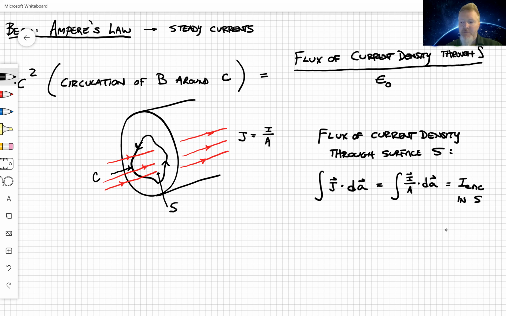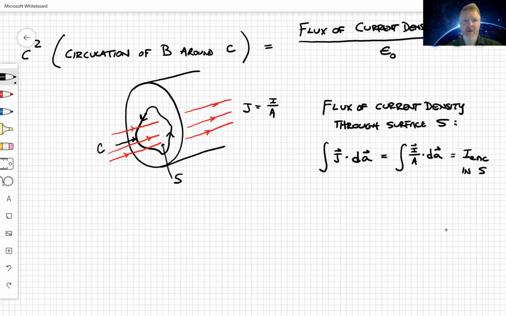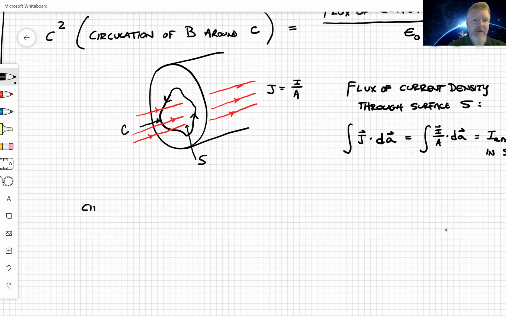And the circulation of B, if you remember, we talked a little bit about this at the beginning of the semester, but that was a really long time ago. The circulation of B around C is, in essence, the tangential component of B as you go around.